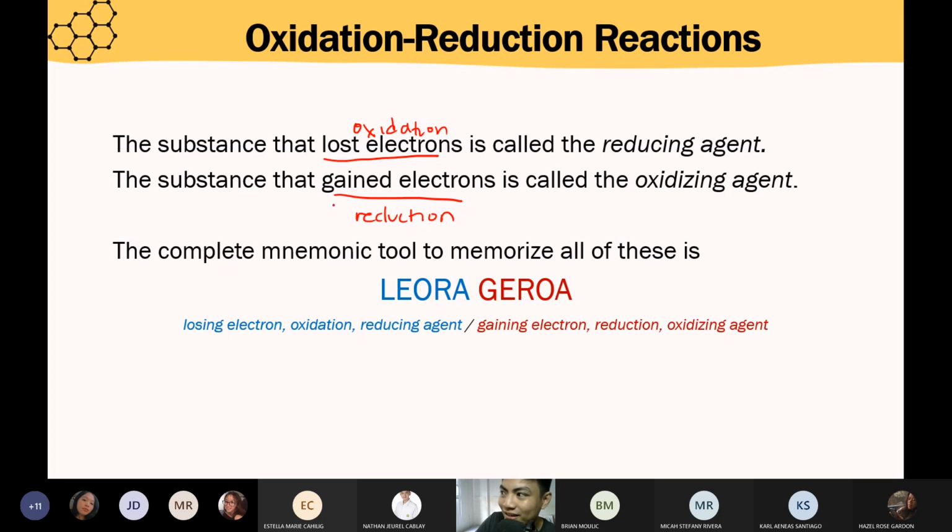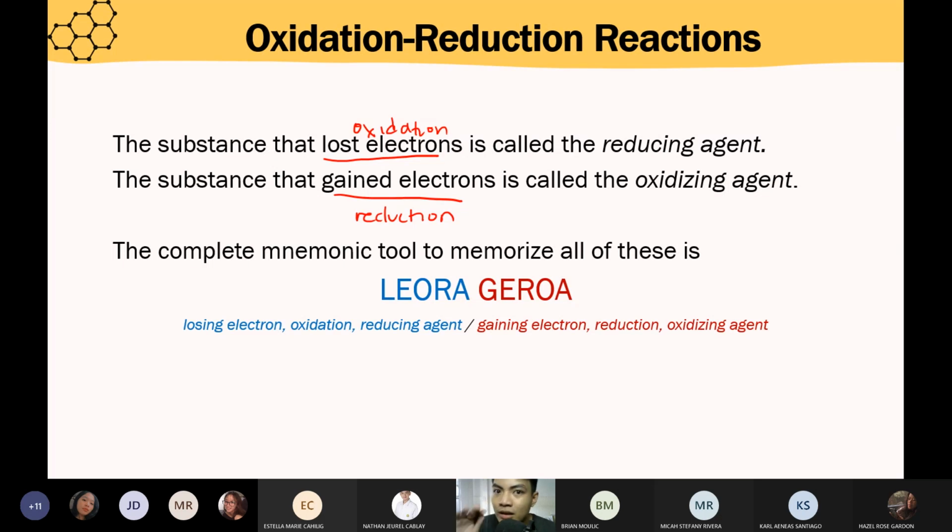Hindi siya yung nag-undergo ng reduction, pero tawag sa kanya reducing agent kasi it helps the other reaction. Ganun din dito. Hindi siya nag-undergo ng oxidation, pero tawag sa kanya oxidizing agent because it helps the oxidation reaction. Okay? And remember that redox reactions are partners, so they help each other. Ibig sabihin, agent sila ng isa't isa.